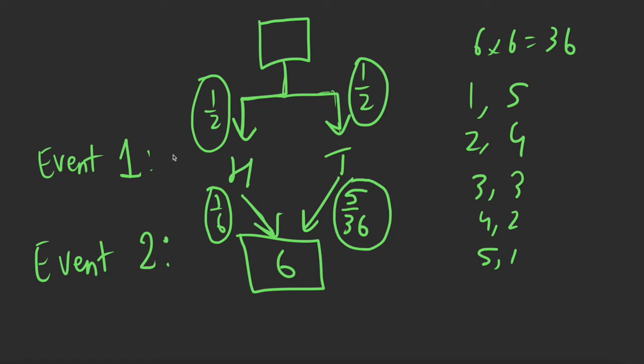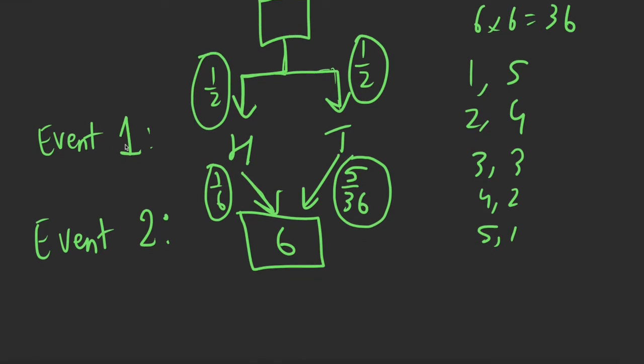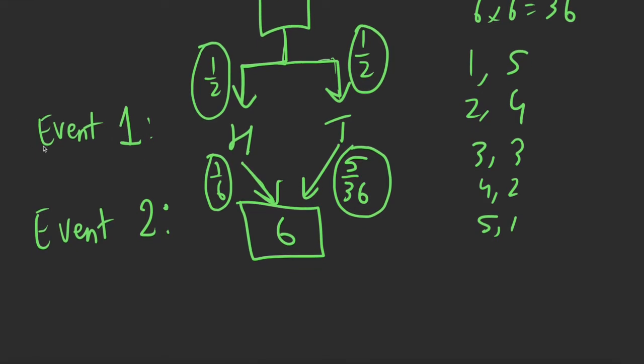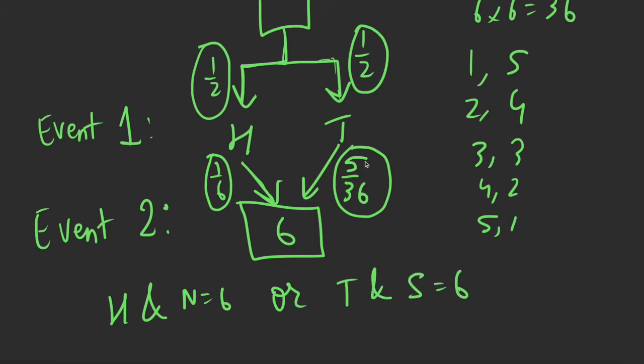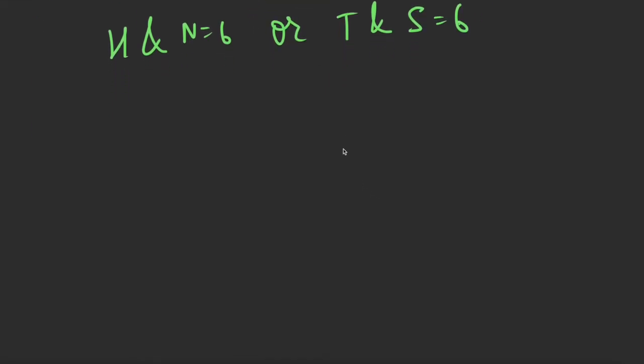So now if you see, you either get a head and the number is equal to 6, or tails and the sum is equal to 6. And if you remember from a first class in probability, and means that both the events have to happen together, so you multiply the probabilities.